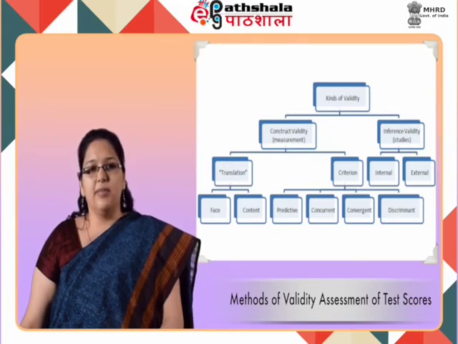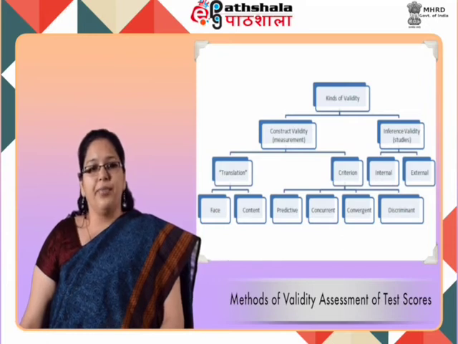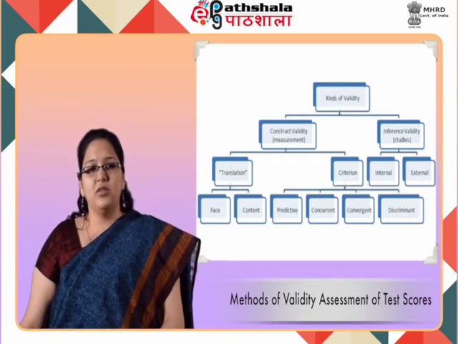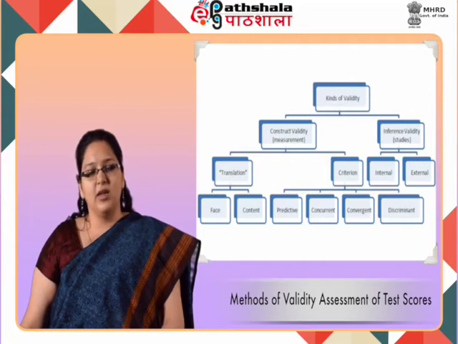Determining validity by means of judgments of test takers. The validity of test items can be evaluated by means of judgment in which the test takers are asked about the appropriateness of the test in terms of the construct that it is intended to measure.